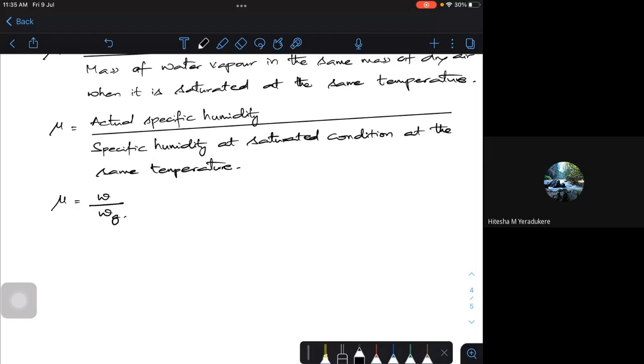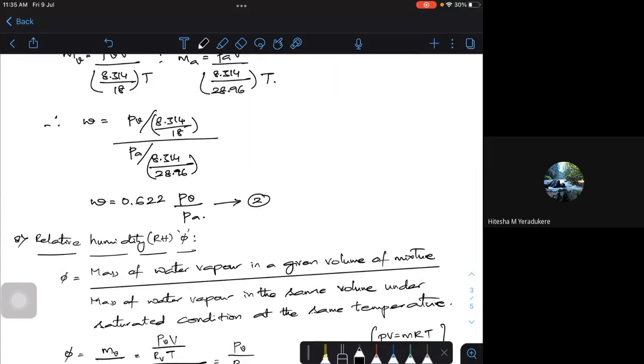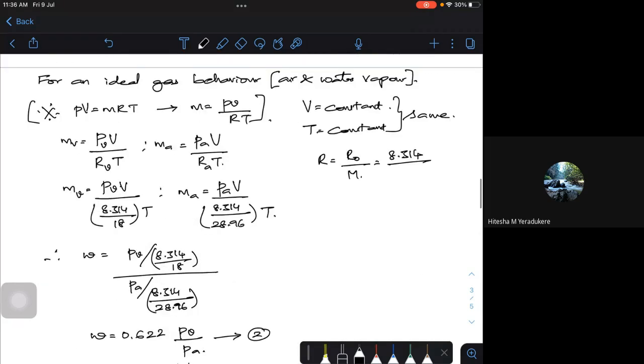Now what is this omega? What have we defined? If you go back and see, we have defined omega is equal to 0.622 times PV divided by PA, that is, PV by PA.